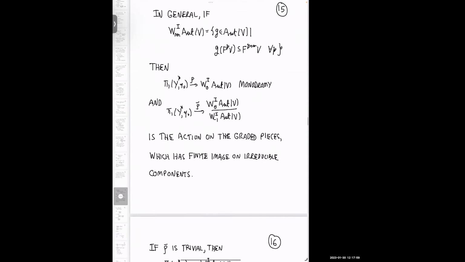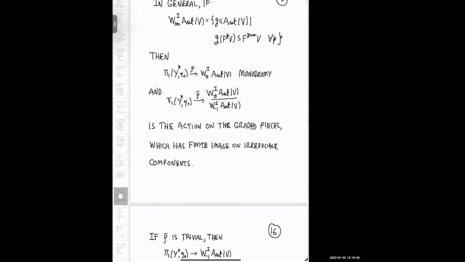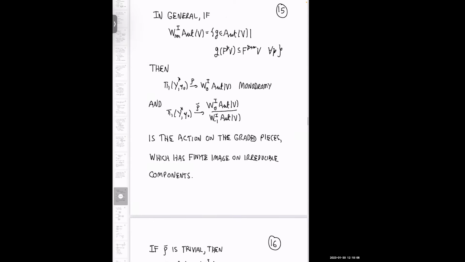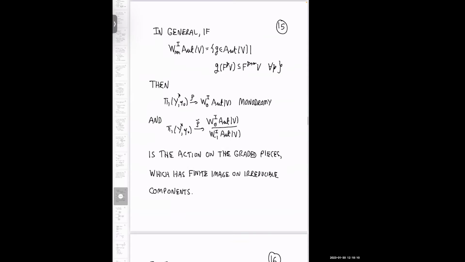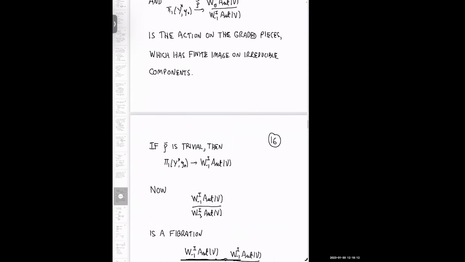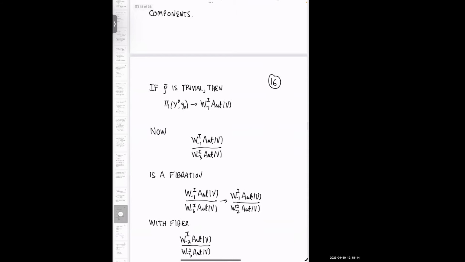And so if that, on an irreducible component, has a finite image, on a non-irreducible component it may not. And so if you take a finite cover, you can assume that action is trivial. And if it's trivial, then pi1 maps to this W minus 1 of automorphisms of V.